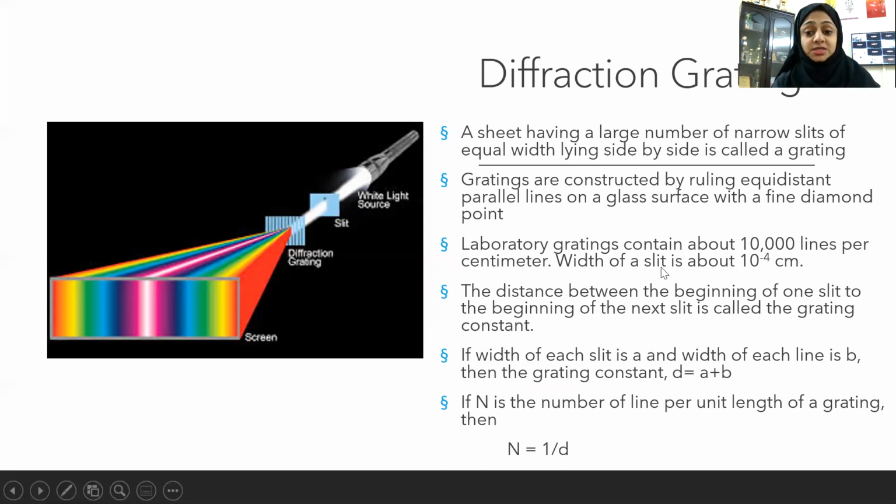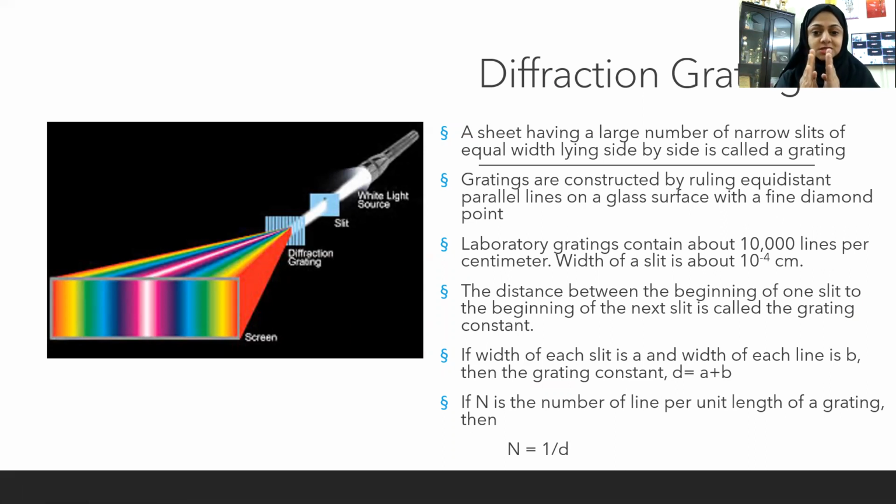And the width of a slit. Slit is the region where there is no line. If you take a piece of glass and scratch it, what happens? The scratched part will be opaque. The light cannot pass through. But the distance between two scratches will be transparent.